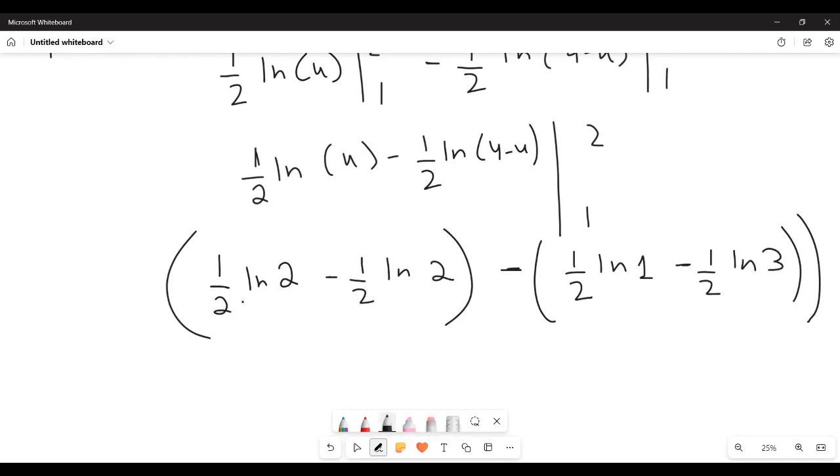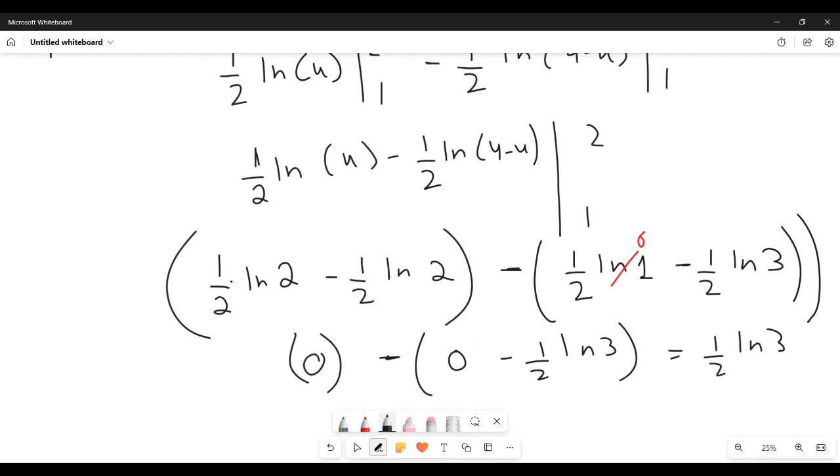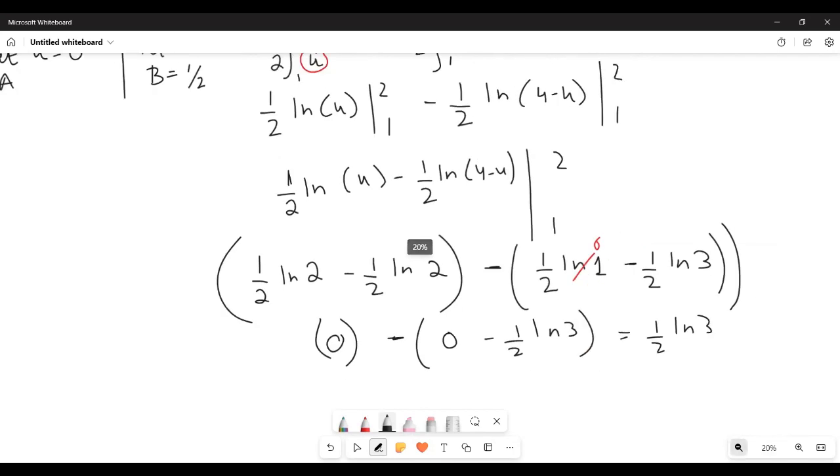Okay. This becomes 0. Also, this is 0. So we have another 0 minus half ln 3, which gives us half ln 3, which is what we were supposed to get. Let's start the next question.